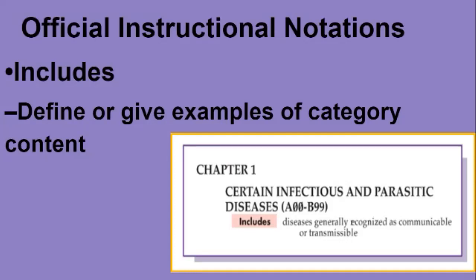So if you see here, Chapter 1, Certain Infectious and Parasitic Diseases, A00 through B99, includes diseases generally recognized as communicable or transmittable. So that is called an includes note.